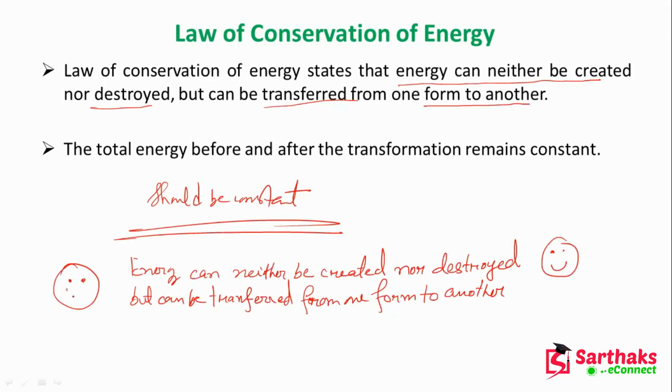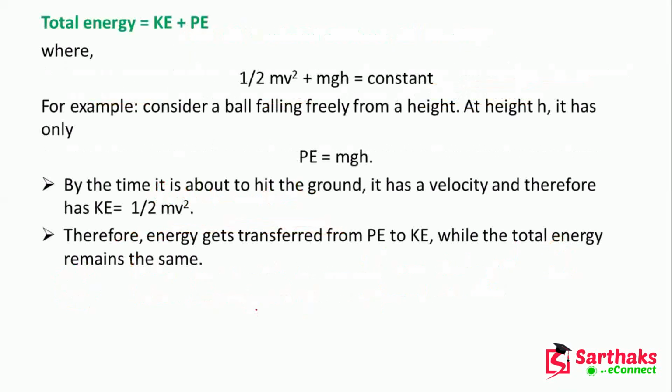Now you will tell that, ma'am, the eyes are small, one is small, one is big. Yes. Okay, fine. So energy can neither be created nor destroyed, but can be transferred from one form to another. This is the law of conservation of energy.